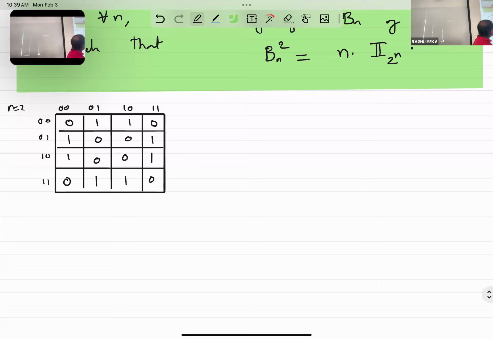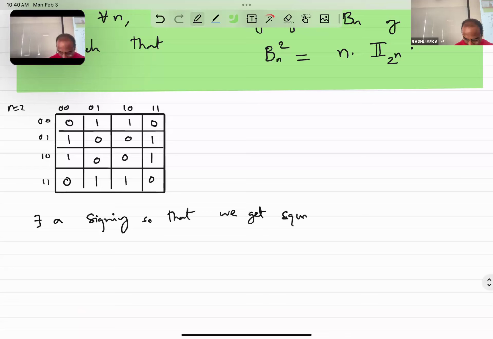Okay, this is the adjacency matrix of Hn, of H2. And the claim is that there is a way to sign this thing so that when I square it, I actually get the identity matrix with some multiple. So there is a signing so that we get the square.